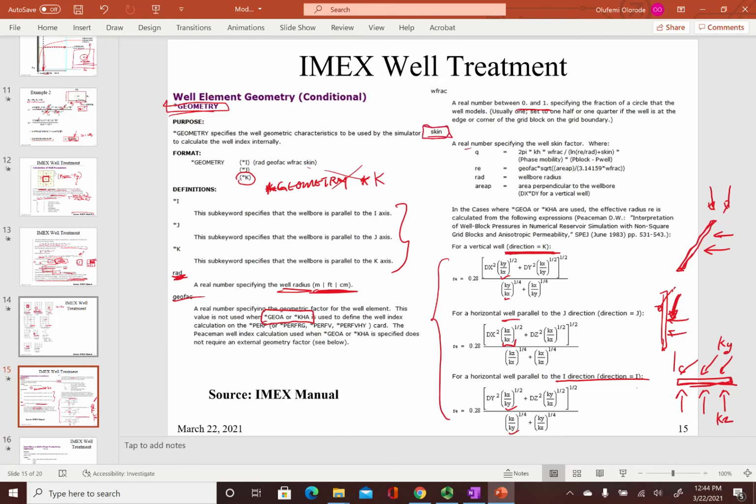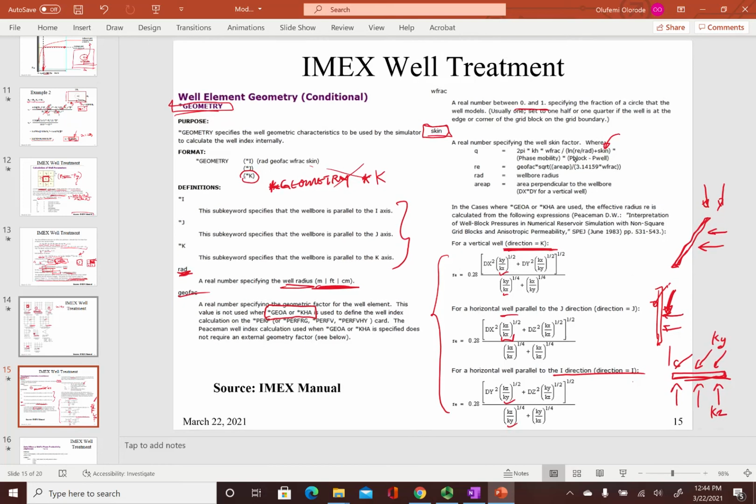So the skin is a real number that specifies the skin factor, which you all are familiar with from production engineering. And we basically bring in skin. And I already showed the equation for that previously. It gets added to the natural logarithm of the effective wellbore radius divided by the actual wellbore radius.